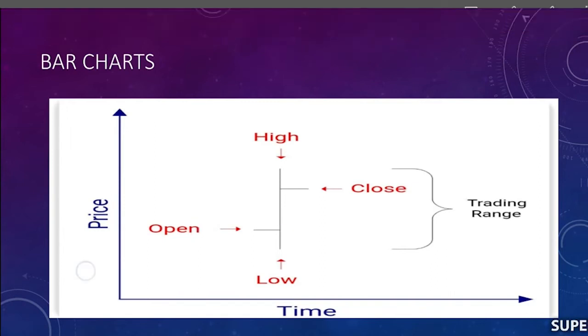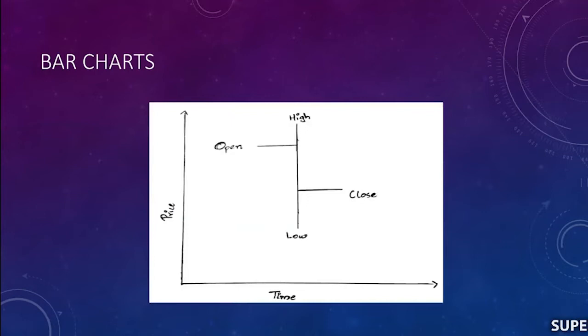Okay. Here in this chart, the dash to the left side is here and the dash to the right side is here. So the opening price is high and the closing price is low. So there is a decreasing tendency in the price, and it is known as bearish tendency. The advantage of using a bar chart over a line chart is that it shows the opening price, closing price, high price and low price of a particular day, while a line chart indicates only the closing prices.